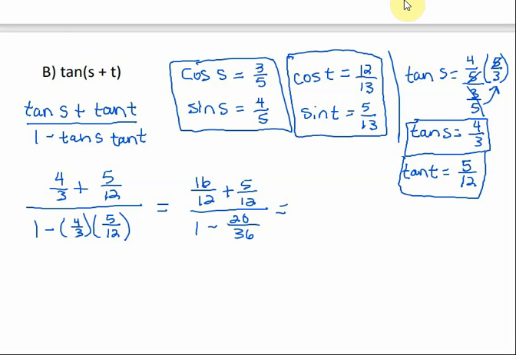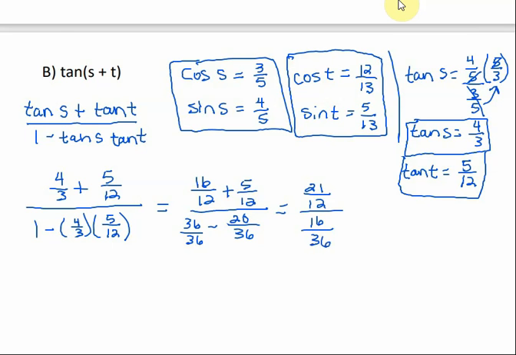Okay, so then if I add the numerators, I get 21 over 12. And then down here, I need to get a common denominator, so I'm going to change this 1 to 36 over 36. And if I subtract those, then I get 16 over 36.